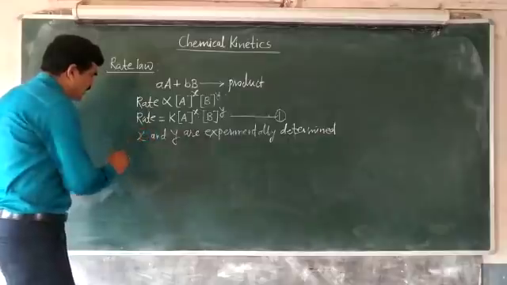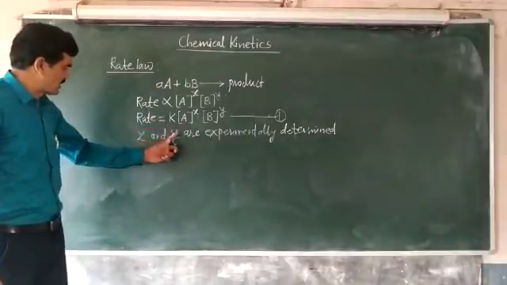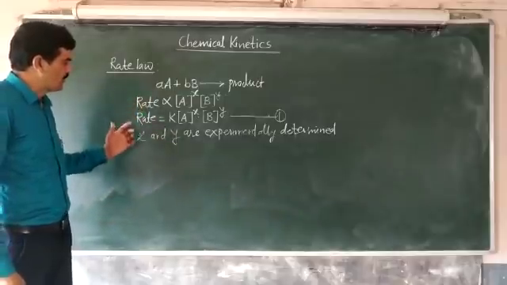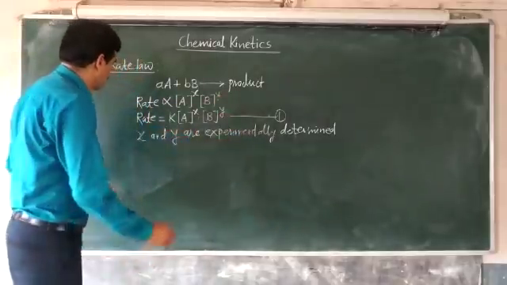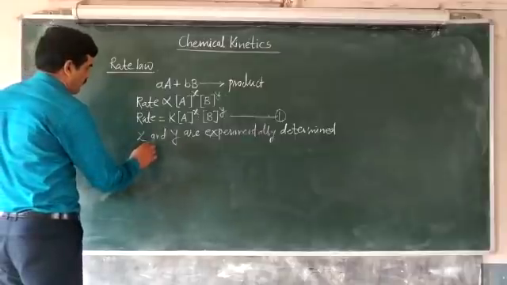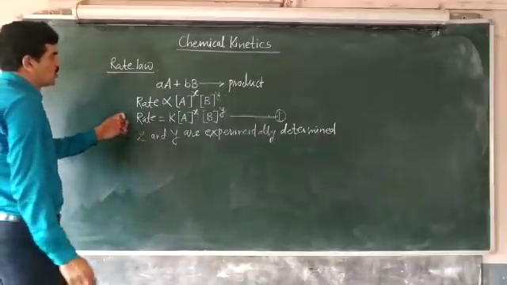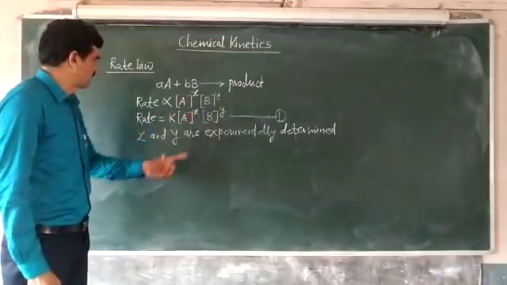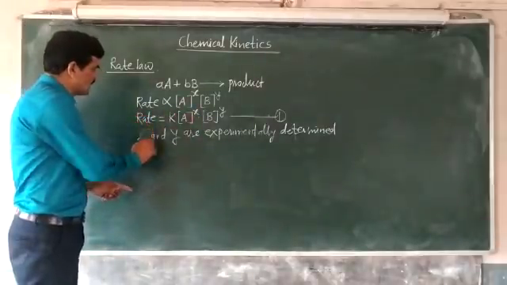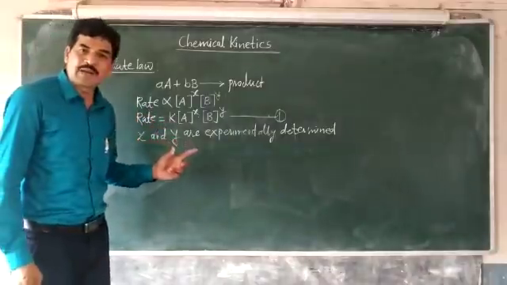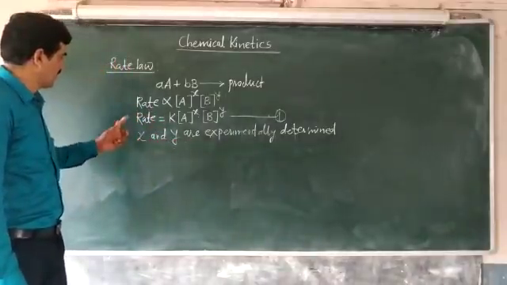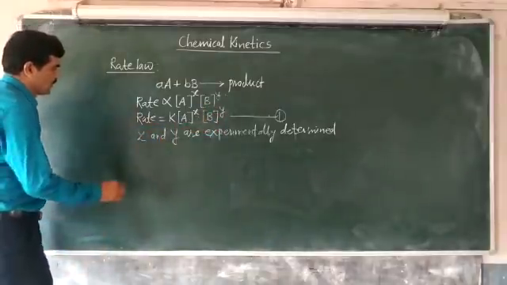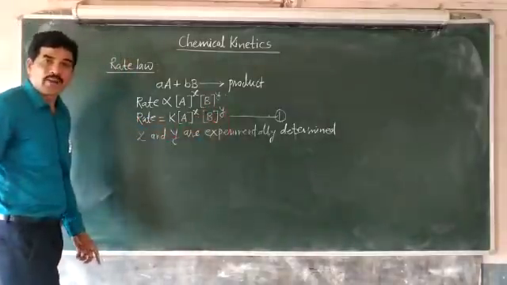By the experimental study, we get the values of the exponents x and y, and from these values you can write the rate law. So rate law is defined as the mathematical expression which gives the relation between the rate of a chemical reaction and the molar concentration of the reactants.